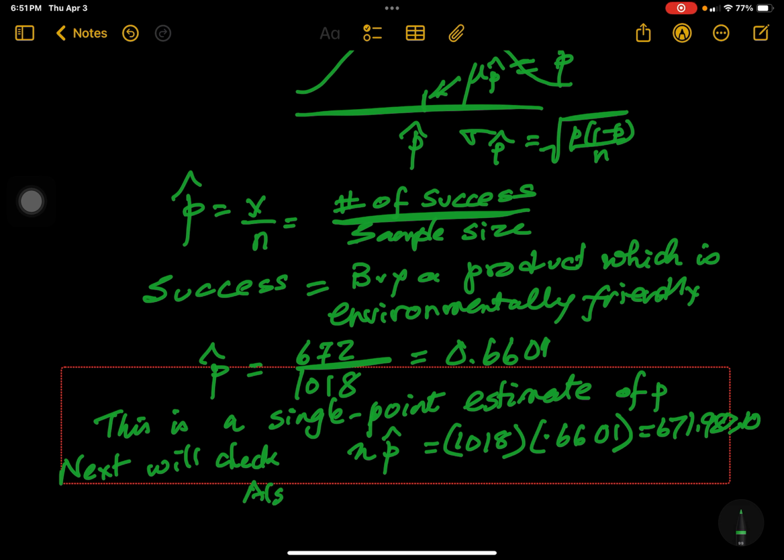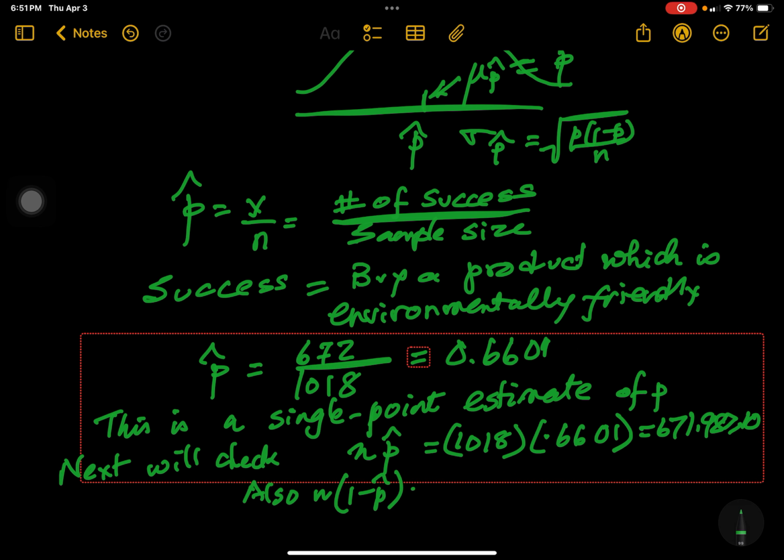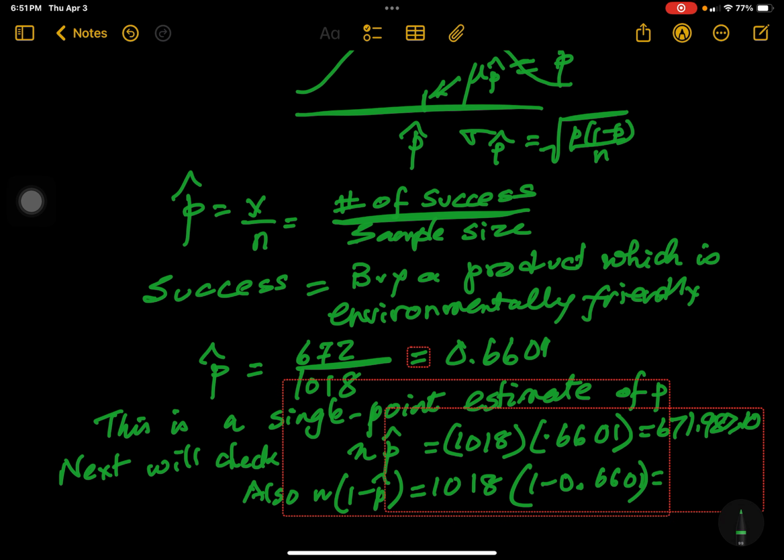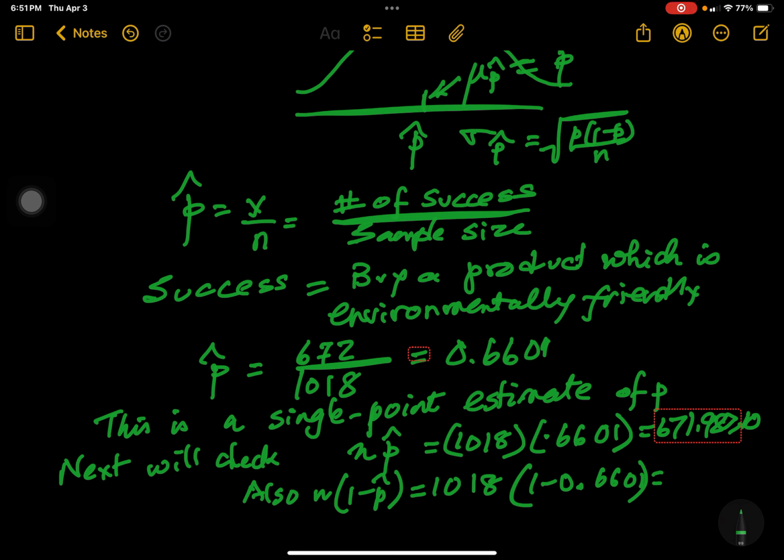Also, let's do n times 1 minus p hat. We will type in the calculator 1018 times left parenthesis 1 minus 0.6601. So 1018 is our sample size, then 1 minus p hat is 0.3399, and that is equal to 348.02. That is also greater than or equal to 10.